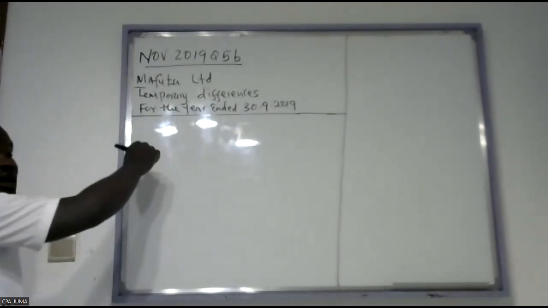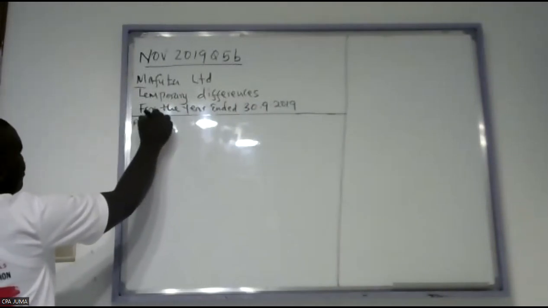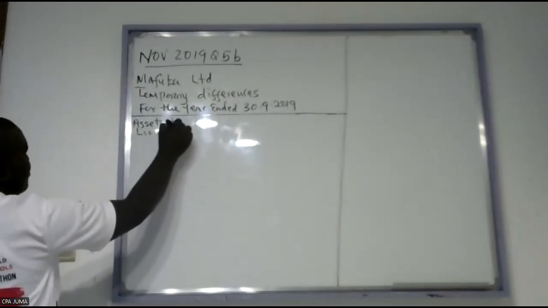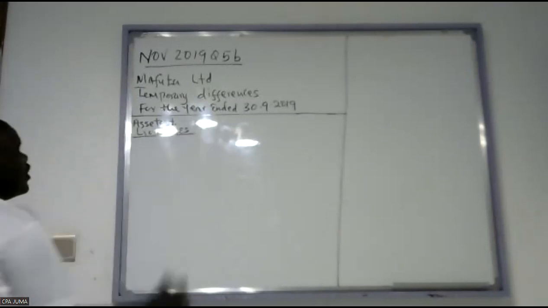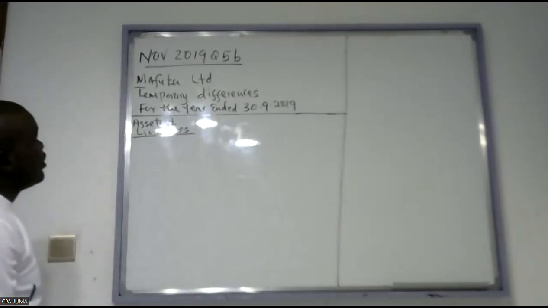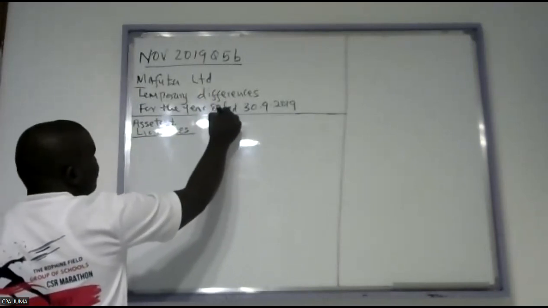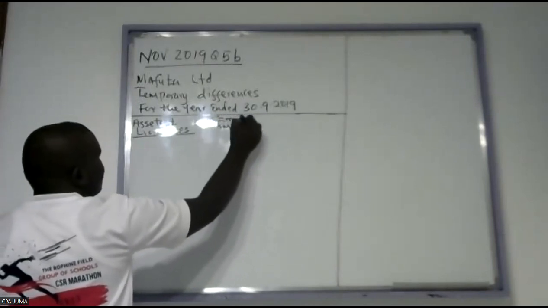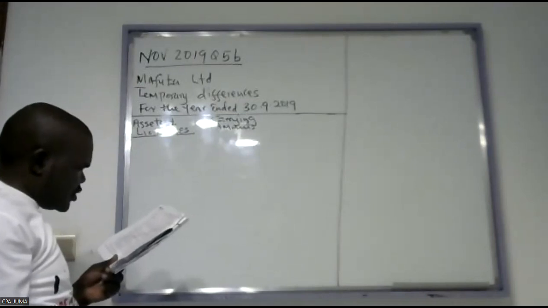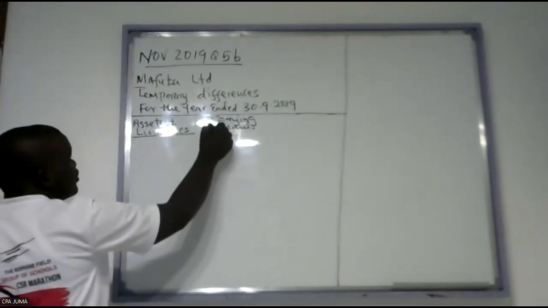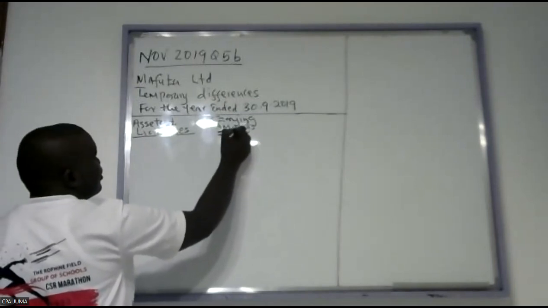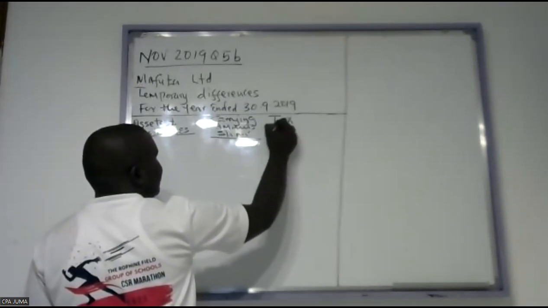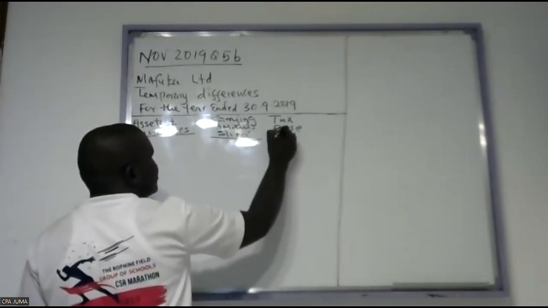So right here, assets and liabilities. Carrying amounts. So we have carrying amounts here, from the books. The shillings are in millions. Tax base, also in millions.